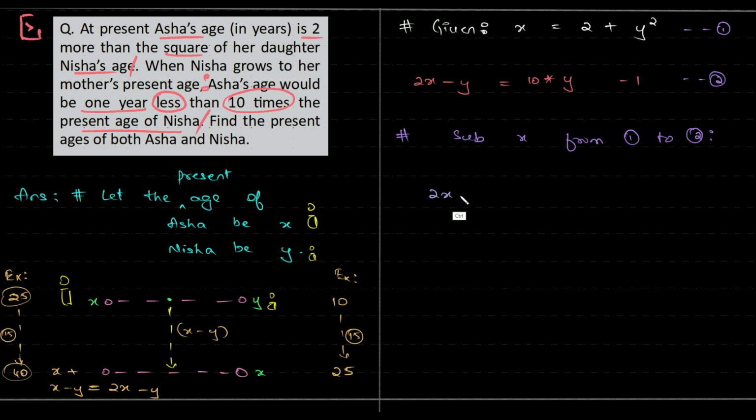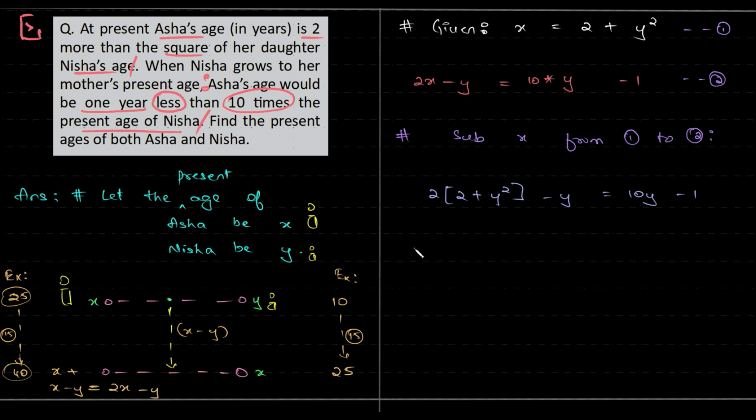In place of X, I'm writing 2 plus Y square, so 2 times (2 plus Y square) minus Y is equal to 10Y minus 1. With this, we get a quadratic equation. Two unknowns, two equations required. How you solve it is left to you. You can use the elimination method or the substitution method. I'm just using substitution.